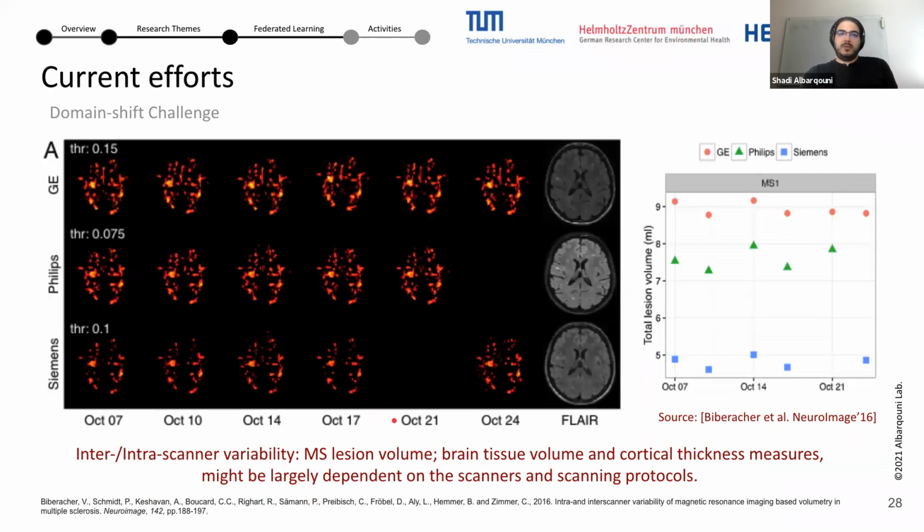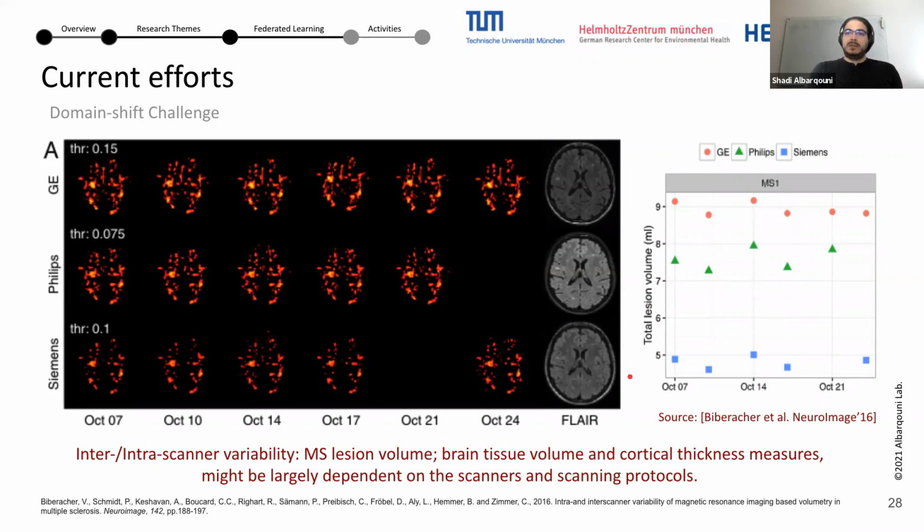The MS lesion volume, and also other measures like brain tissue volumes and cortical thickness, might be largely dependent on the scanners and scanning protocol, as reflected in this figure. This is the same lesion, the same brain, but the lesion size just differs from one scanner to another.